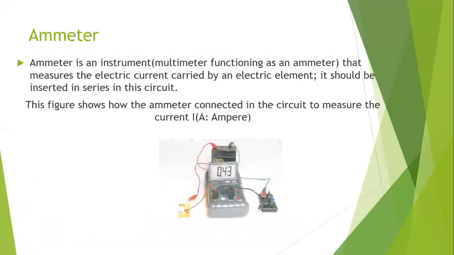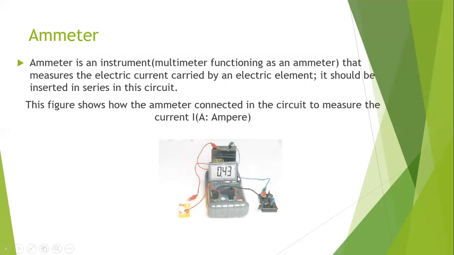Ammeter is an instrument that measures the electric current carried by an electric element. It should be inserted in series in this circuit. So the plus terminal is connected with the plus terminal, and the minus terminal, which is the COM in the ammeter, is connected to the negative part of the generator.